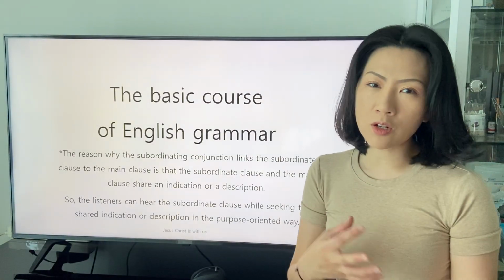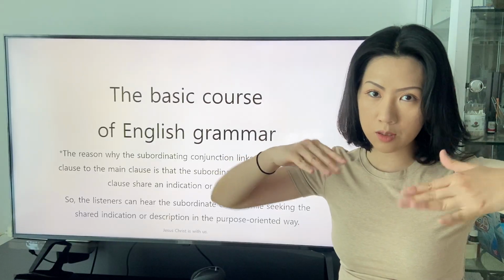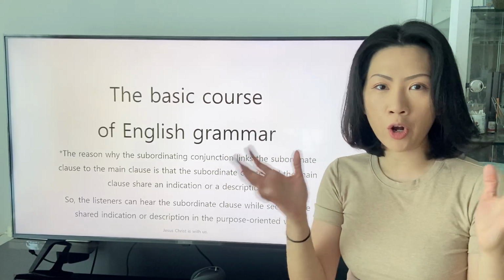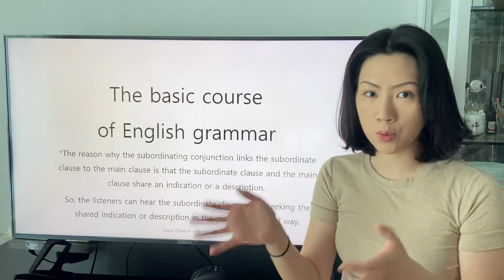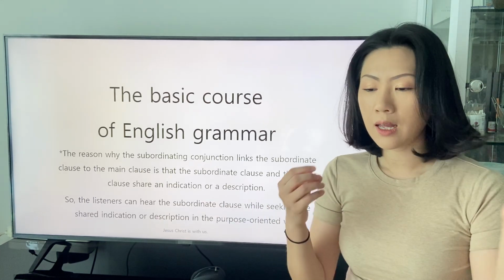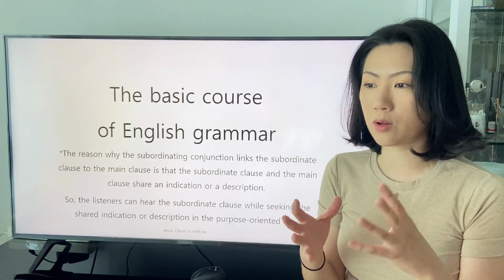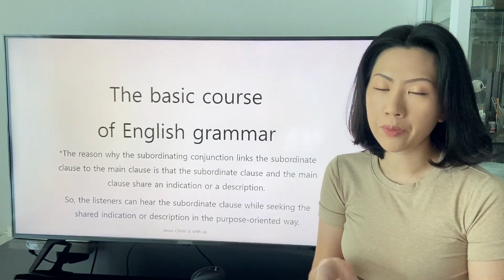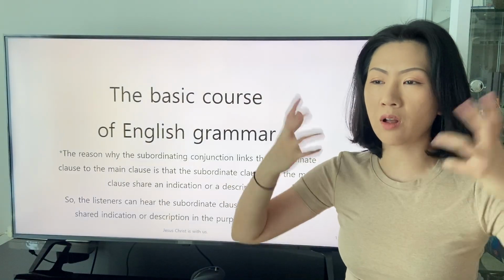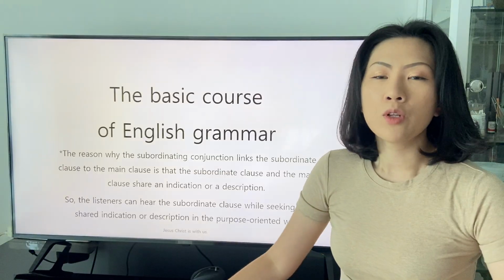The coordinating conjunction was applied to link the coordinate clauses, which are perfectly structured in their own state and needed to be linked by the coordinating conjunction that reveals the logical relationship between the two clauses.